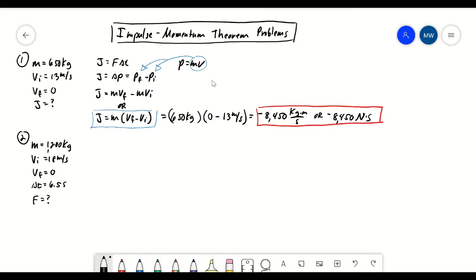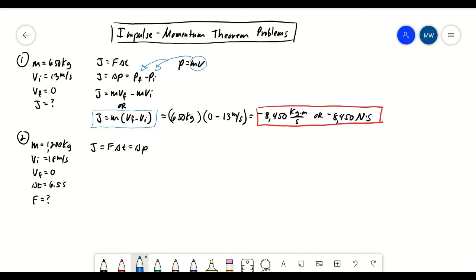Now, if we remember from the first problem that we just did, we have two things that impulse is equal to. It's equal to force multiplied by time. It's also equal to a change in momentum. So then what we can do is set everything together that way. We'll say that impulse is equal to force multiplied by time, but it also happens to be equal to a change in momentum.